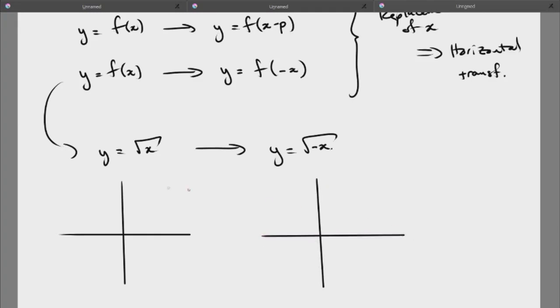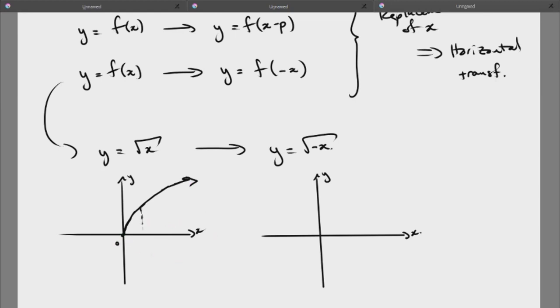And it's not a transformation that I really cared for in the polynomial case because it wasn't necessary. In the polynomial case, I could always get rid of a number in front, but the square root is a little different. So I have my basic square root function, which looks something like a sideways parabola, starting horizontal at 0.